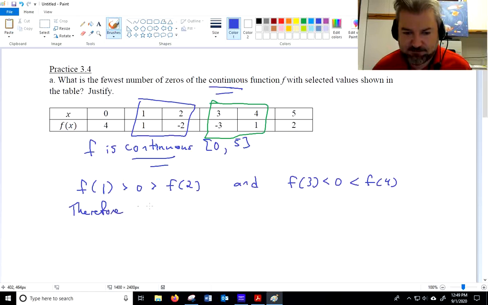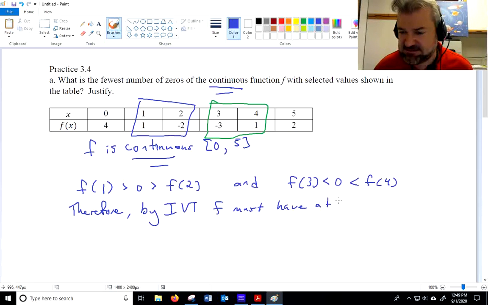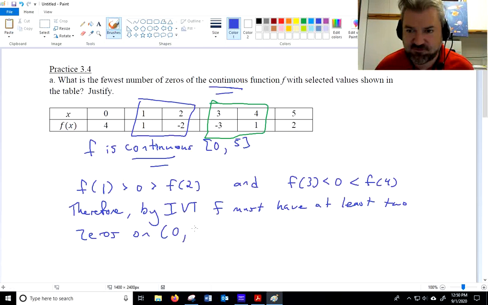So therefore, by the IVT, f must have at least 2 zeros on the open interval from 0 to 5.